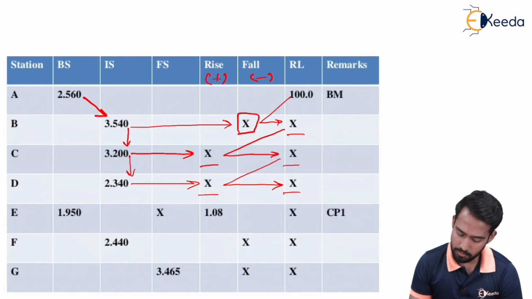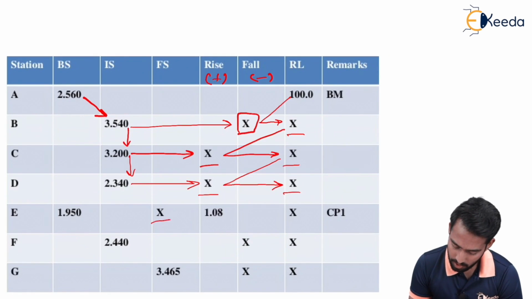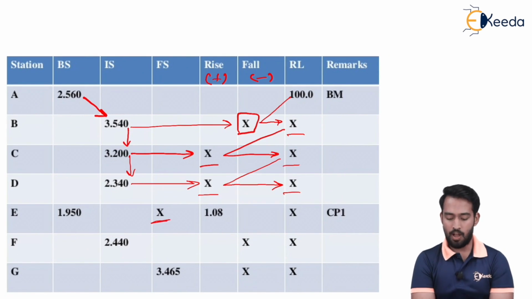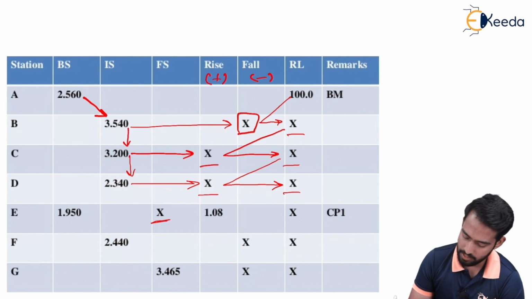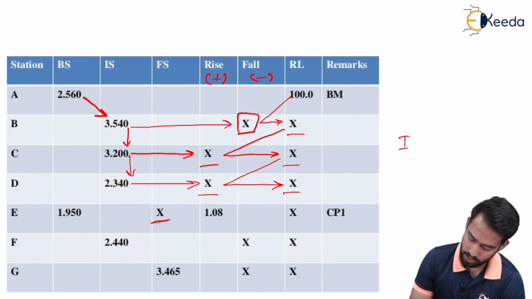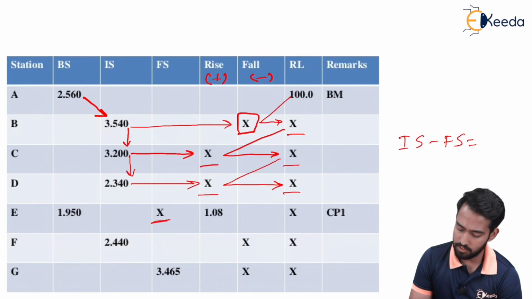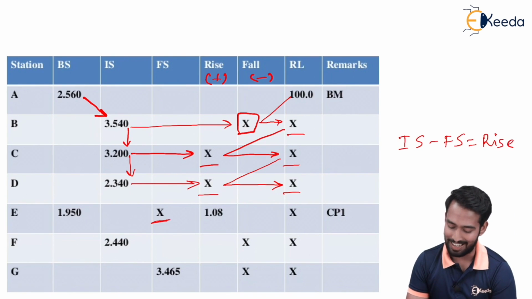After this, the next missing reading is FS. Now, to find out FS, we have IS and rise. What is the actual formula? IS minus FS is equal to rise or fall. The answer is rise, so I am writing over here rise.